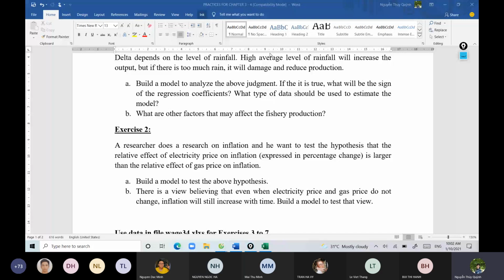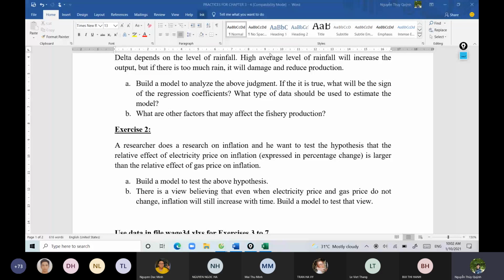But you can see that we can generate a trend variable which has the value of 1 for the first period and the value of 2 for the second period and so on, and it will have the value of n for the nth period. So what will be our model to test the effect of time on inflation besides electricity price and gas price?